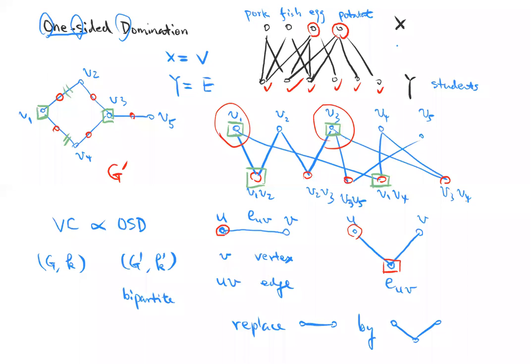Each vertex will dominate an edge in the original graph, which is a vertex in the new graph. Each vertex on the Y side is an edge in the original graph, so V1, V2 corresponds to this edge.